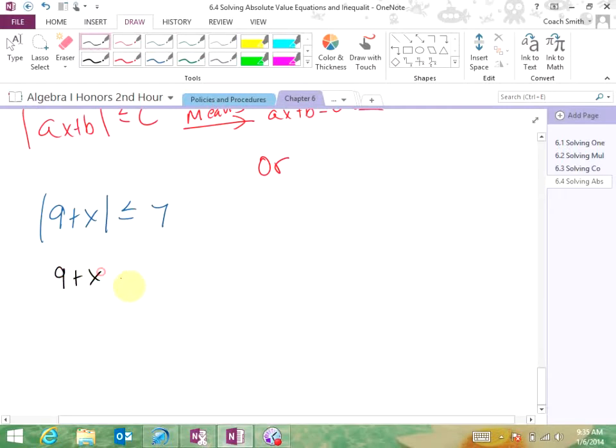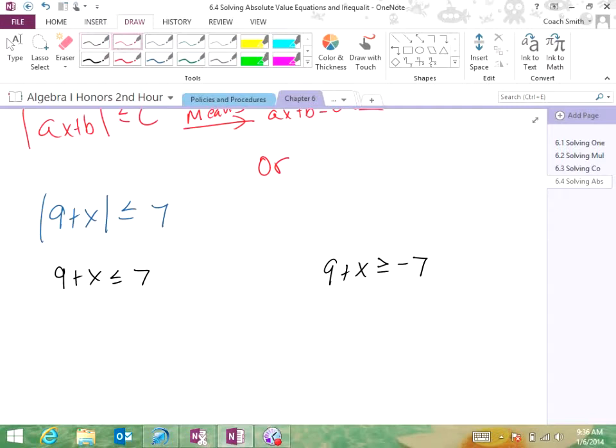9 plus x less than or equal to 7. 9 plus x greater than or equal to negative 7. We don't really know if it's an or statement until you get to the end, because of how the answer is. Alright, so let's solve this one.